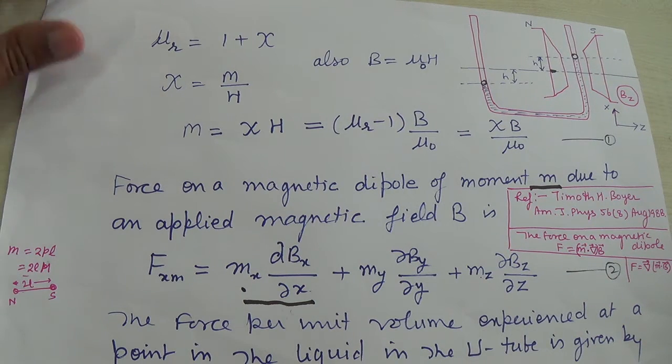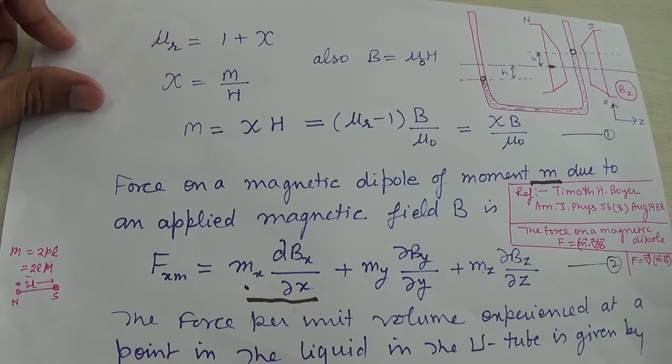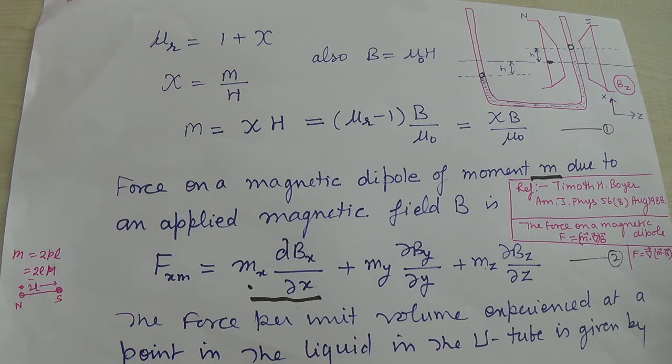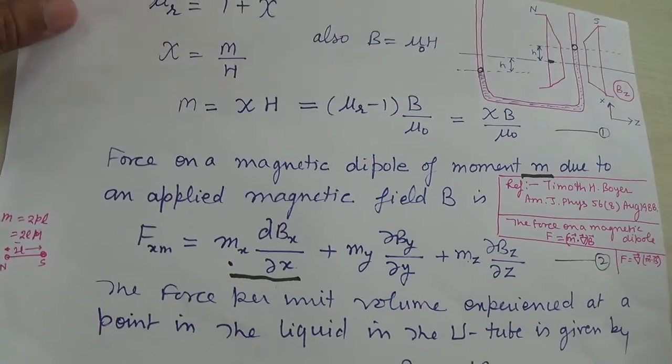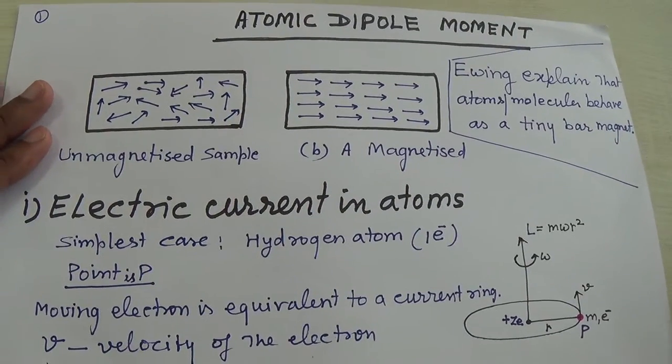So how can one define this intensity of magnetization, and what is this scientific observable? To define the intensity of magnetization, we start our first slide with this idea.